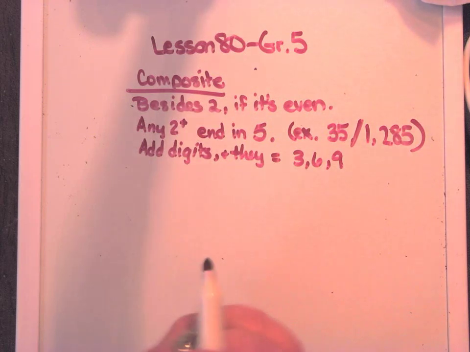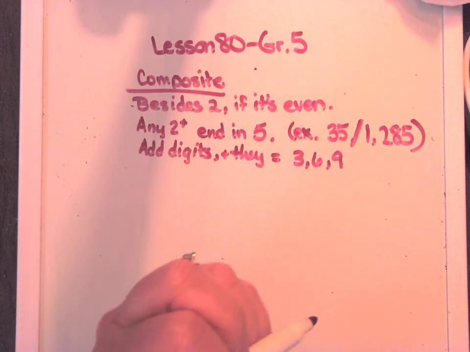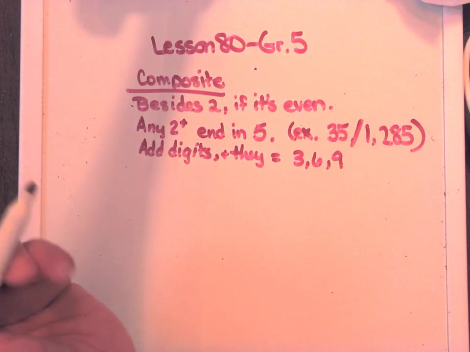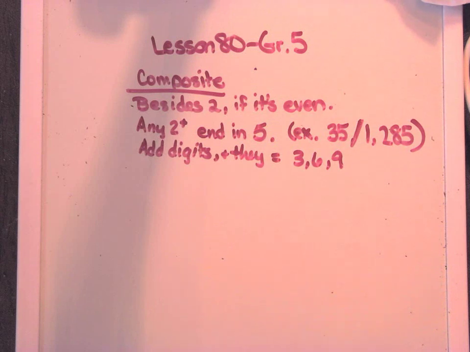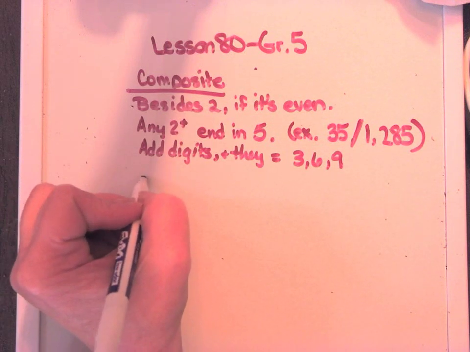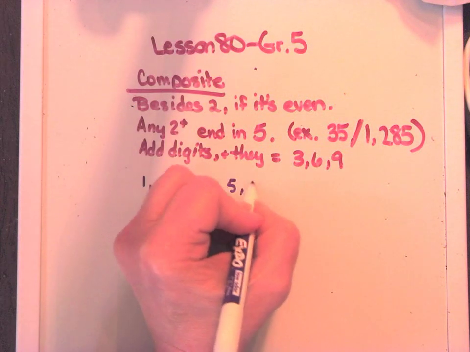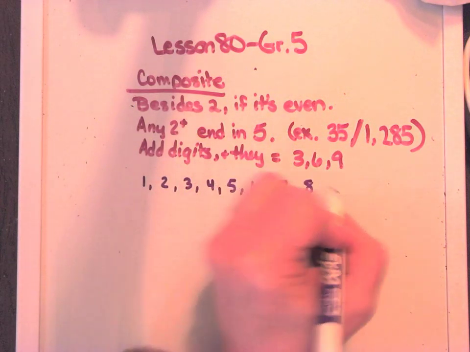When you look at numbers in general, you do have more composite numbers than prime numbers. Looking at our list of primes from the beginning, if we just take a chart and start writing down our numbers, 1, 2, 3, 4, 5, 6, 7, 8.